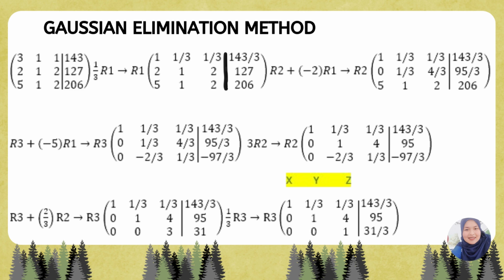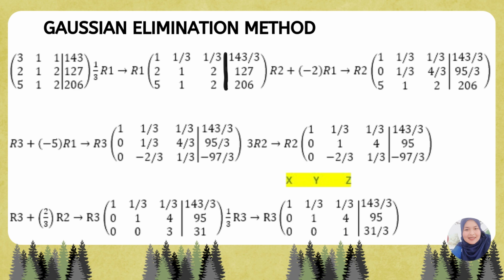Then R3 plus minus 5 R1 equal to R3. Next, 3 R2 equal to R2. And then R3 plus 2 over 3 R2 equal to R3. And then the last one is 1 over 3 R3 equal to R3. So we can stop here because the matrix is already in echelon form.